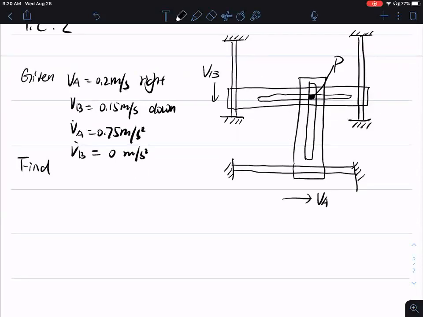In this example, we're given the speed in the x direction, y direction, and we also know the acceleration for VA and VB. We want to find out what is V dot and rho.